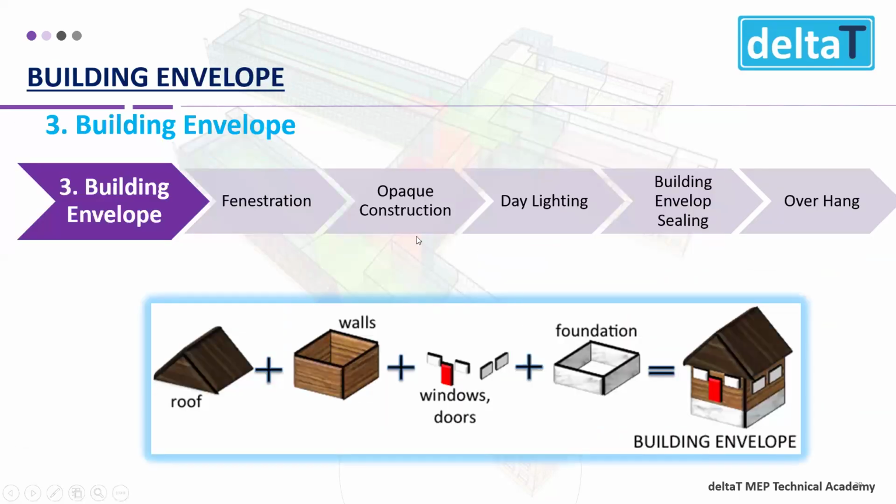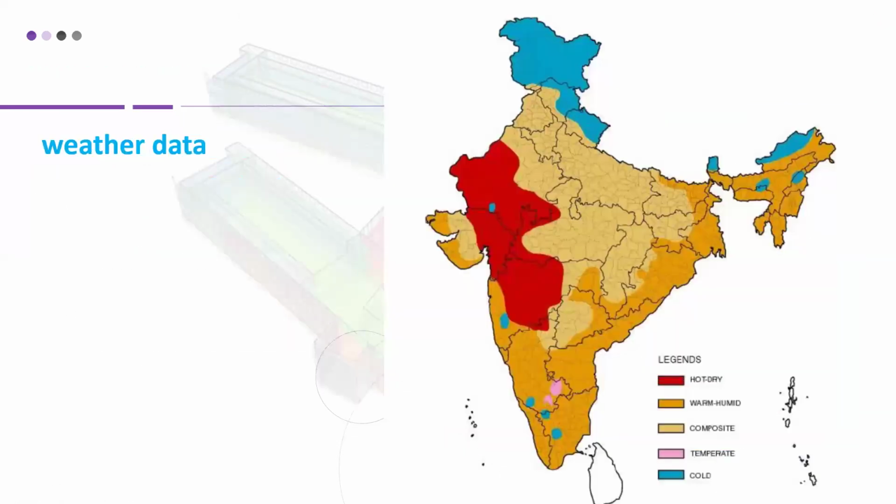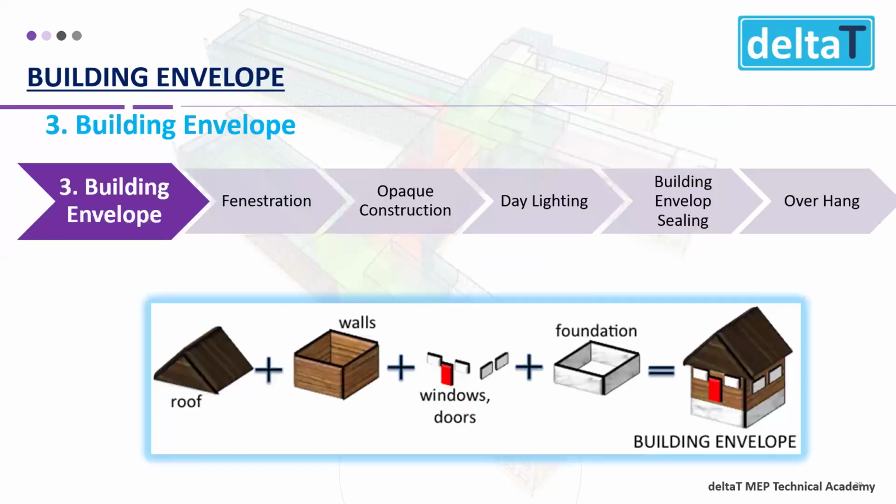Then we have building envelope. What we discussed so far is first weather data, and then building geometry. Next one is building envelope. Building envelope means we have to select proper construction material.